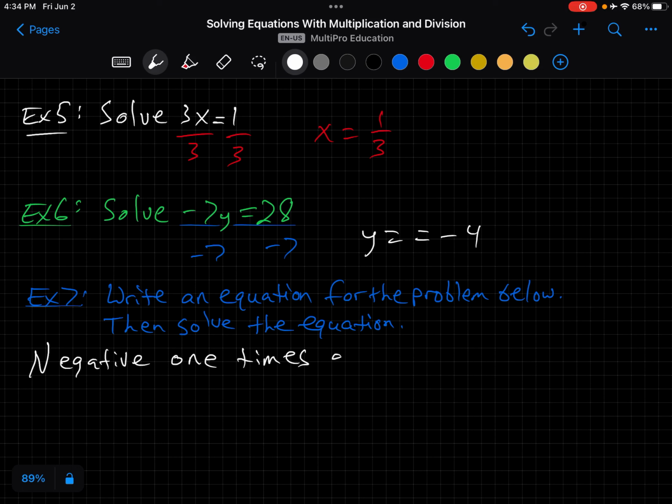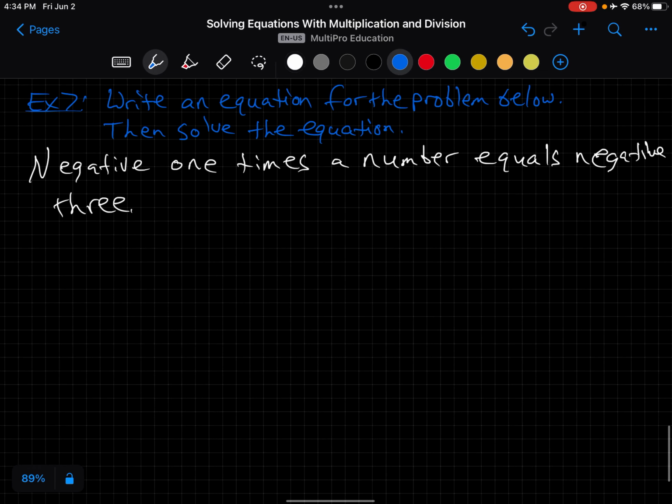Negative 1 times a number equals negative 3. Alright, so let's solve this. We got negative 1 times a number.